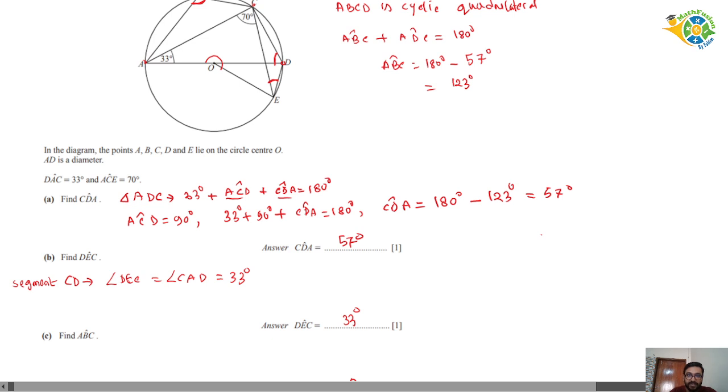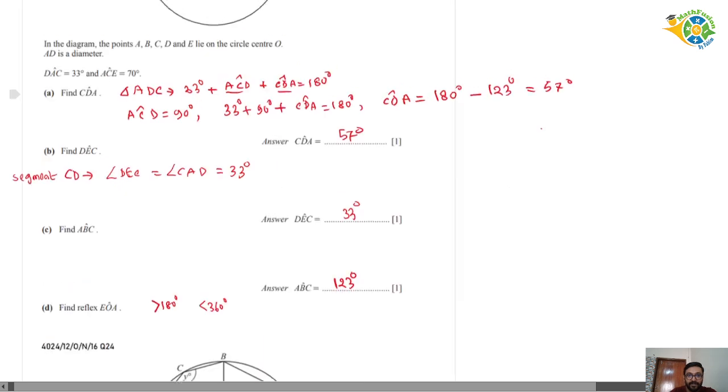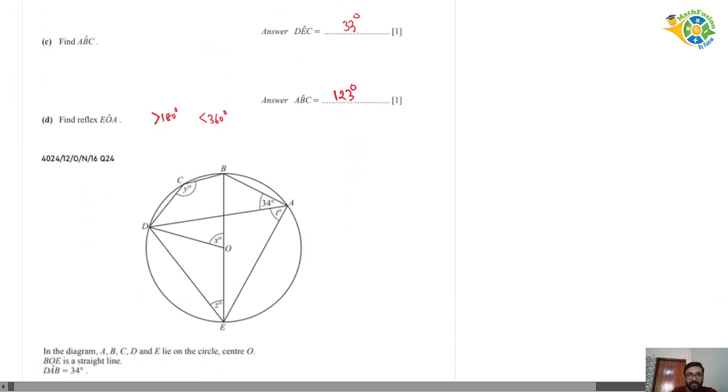And the angle at the center will be 70 multiplied by 2, which is 140. So this is 140. So the angle around the center of the circle is 360. So we can find the reflex EOA by subtracting 140 from 360, which is 220 degrees. So reflex EOA is 220 degrees.